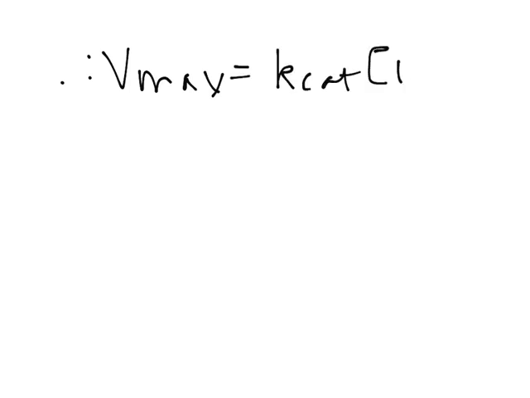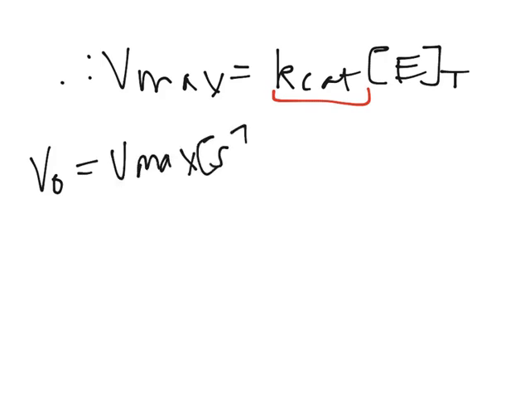So that means, therefore, that Vmax is going to be equal to kcat times the concentration of total enzyme. Before we were saying K2 because we were saying that the formation of product was the rate limiting step. By utilizing kcat instead, we're taking into account that there can be multiple steps in this enzymatic process. So now we can substitute into the Michaelis-Menten equation to get a different form with some different kinetic parameters. So here is the original form, Vmax times substrate over Km plus the concentration of substrate.